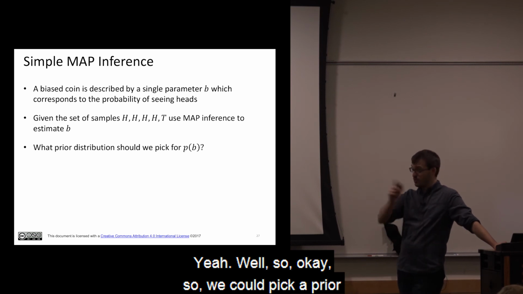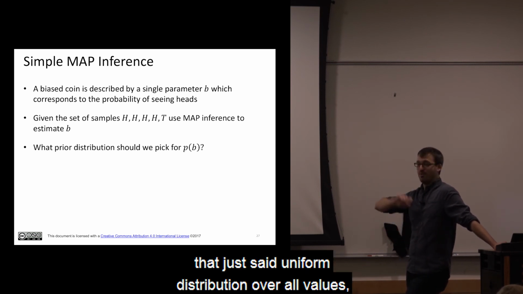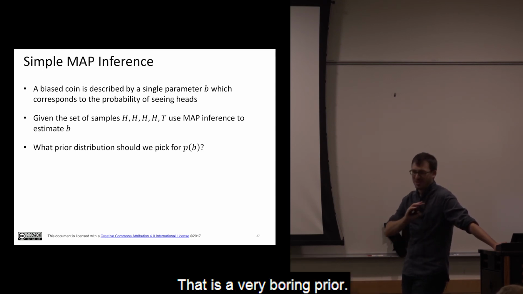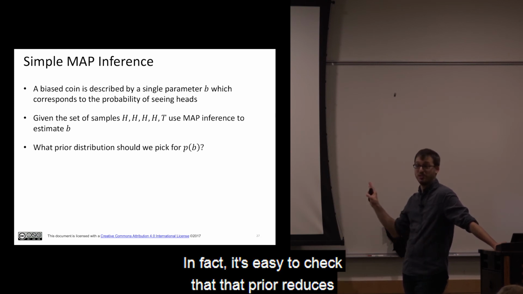Yeah. Well, so we could pick a prior that just says uniform distribution over all values between 0 and 1. That's a perfectly reasonable prior. That is a very boring prior. In fact, it's easy to check that prior reduces to maximum likelihood estimation.